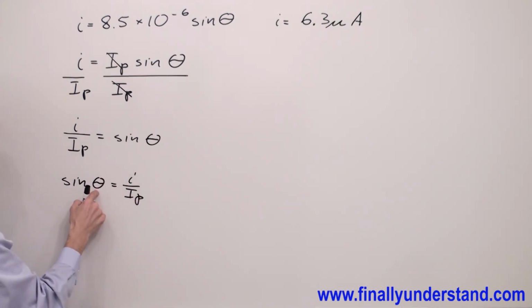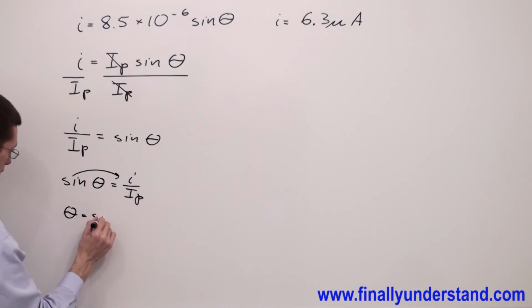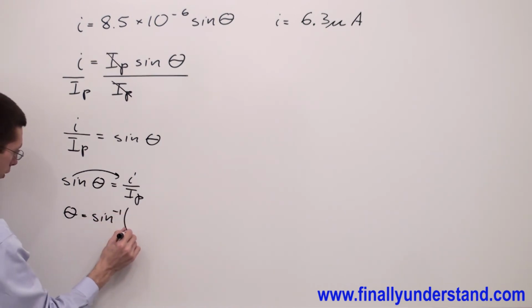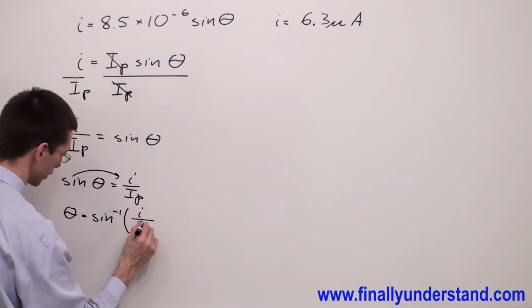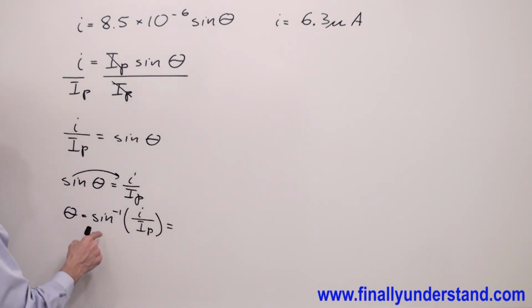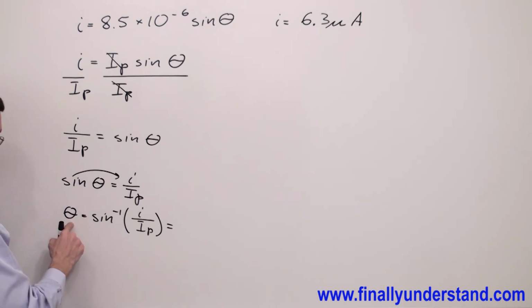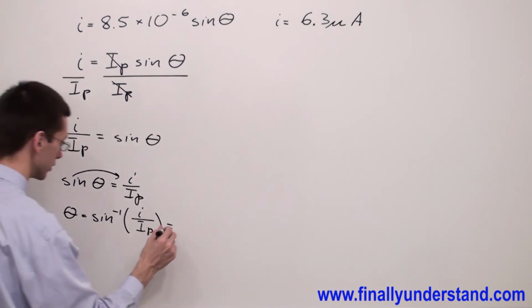In order to find theta, I have to move my sine to the other side, and I'm going to have theta equals inverse sine of instantaneous current over I peak. Now I have the formula for the angle. I can plug in the values of my currents.